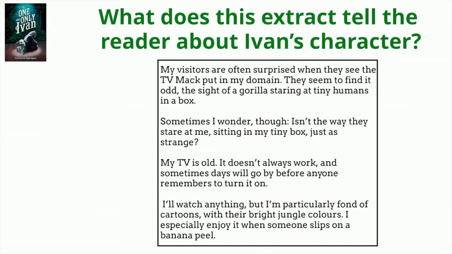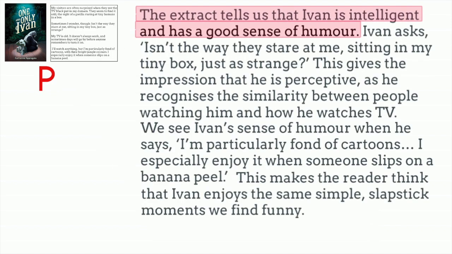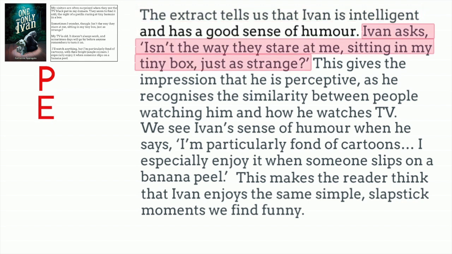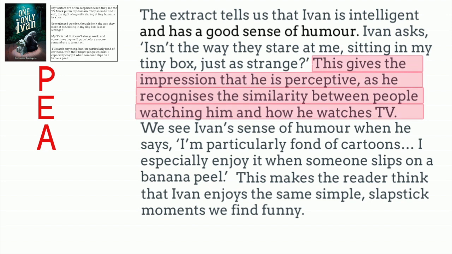What does this extract tell the reader about Ivan's character? The extract tells us that Ivan is intelligent and has a good sense of humor. Ivan asks, "Isn't the way they stare at me sitting in my tiny box just as strange?" This gives the impression that he is perceptive, as he recognizes the similarity between people watching him and how he watches TV.